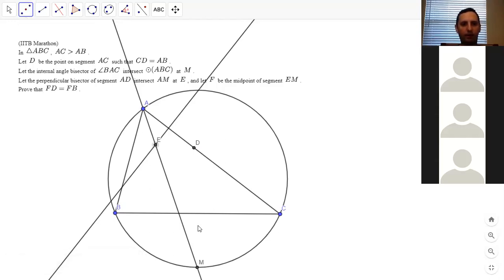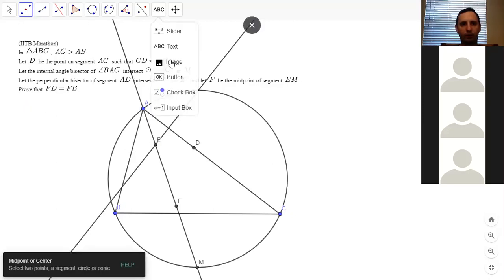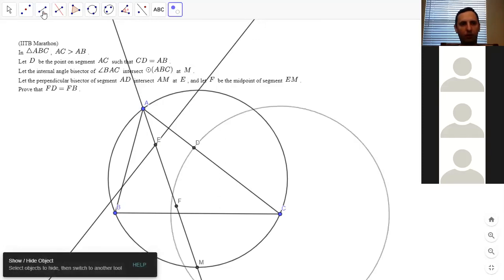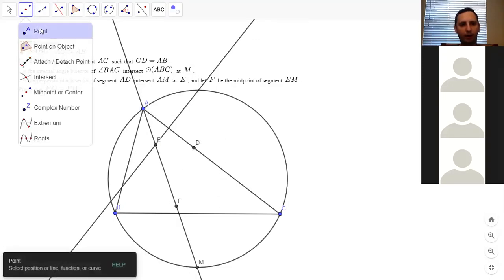So this has to be like similar or congruent triangles somehow. We want to show that FB is equal to FD. Interesting. So basically we want to show that F lies on, well, actually, let me draw the midpoint of AB.